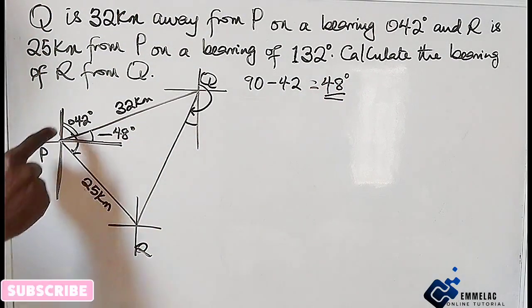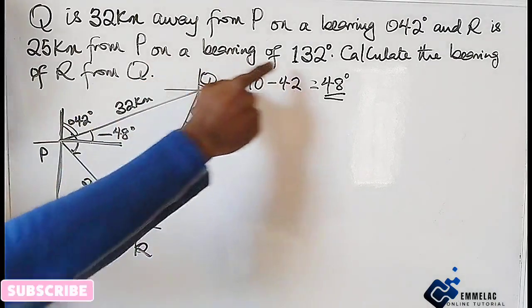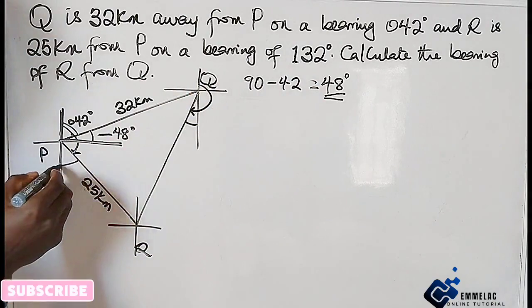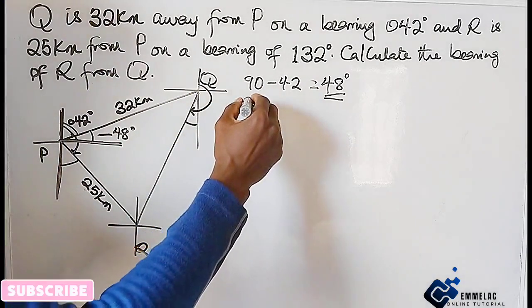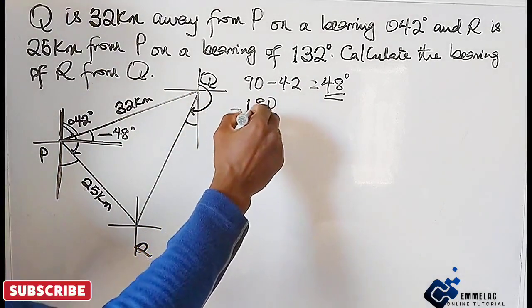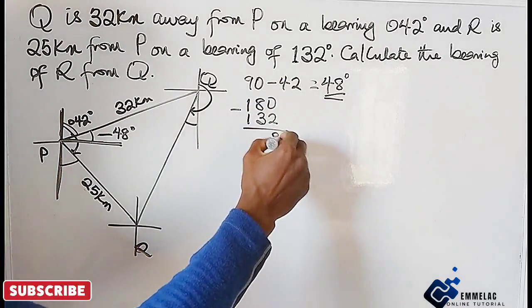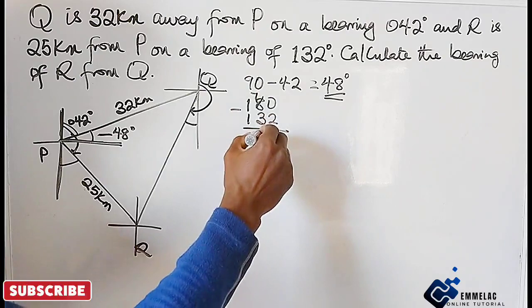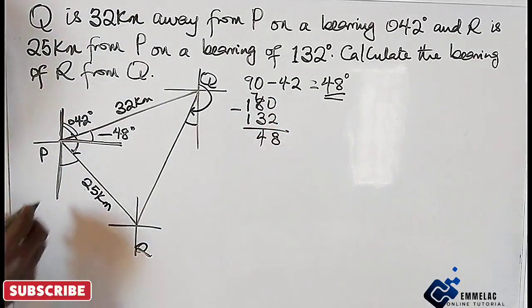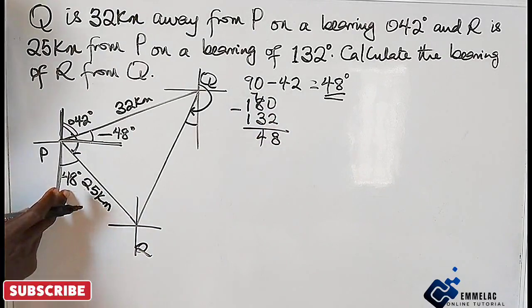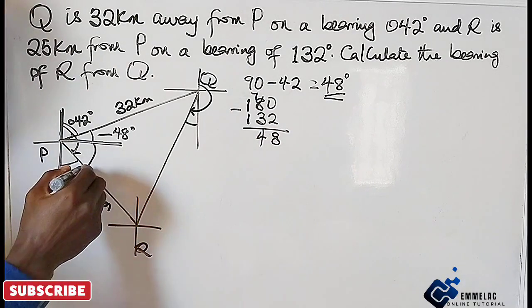Now from here to here, from the question is 132, and for us to calculate here, it means 180 minus 132, and this will give us 48 also.